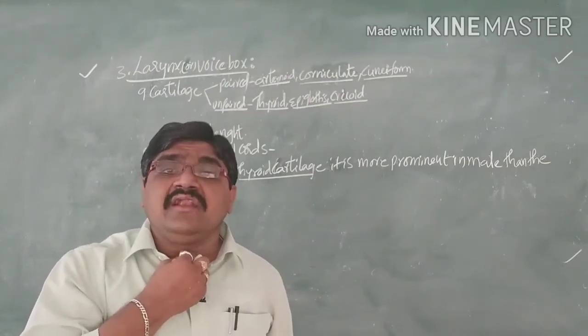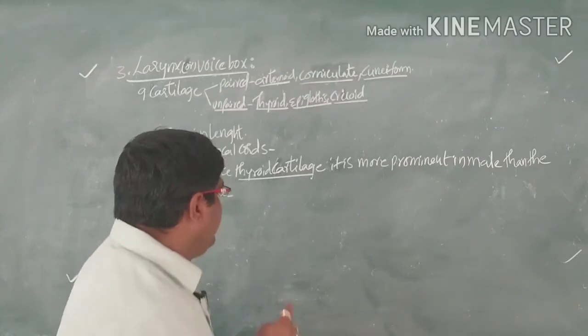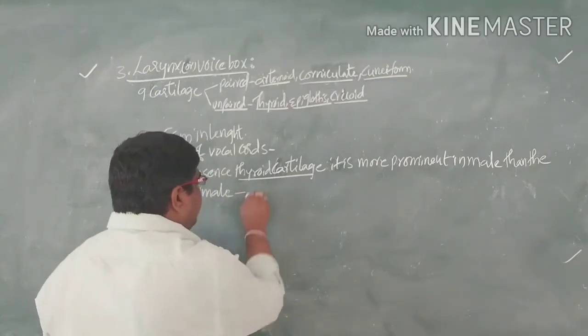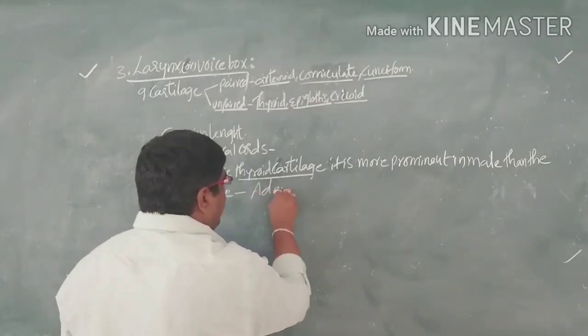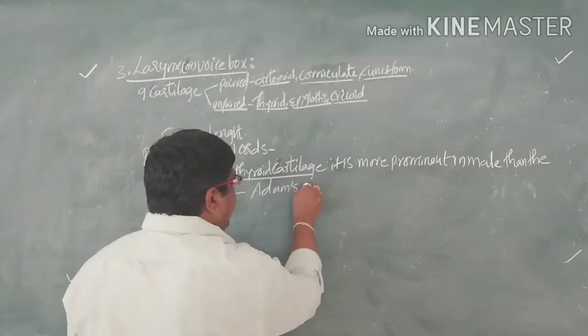This thyroid cartilage appears in the form of what is called the Adam's apple.